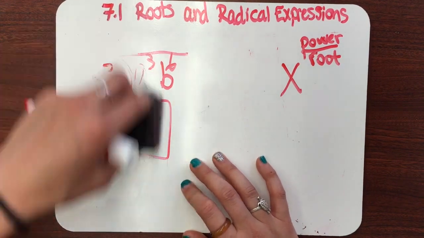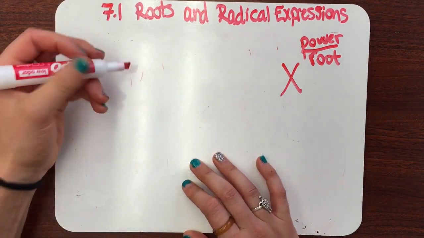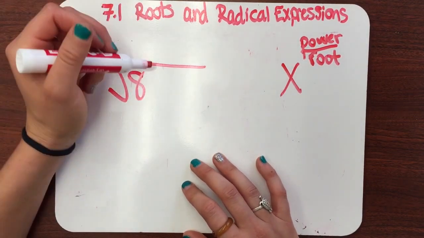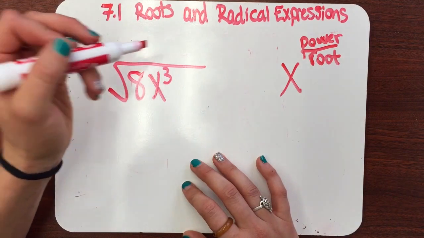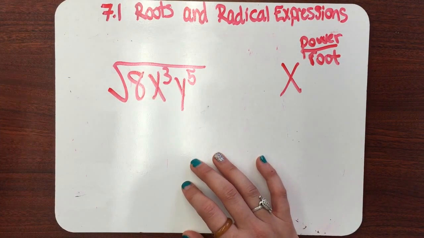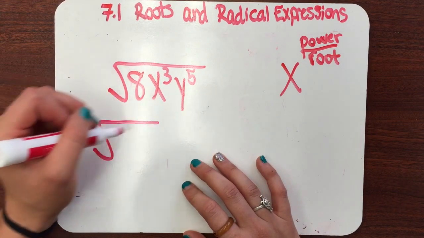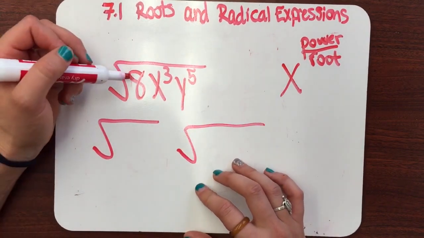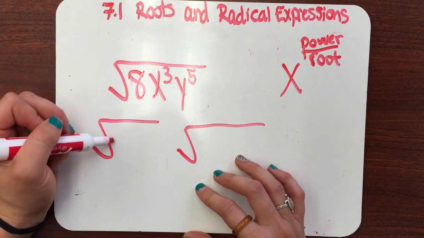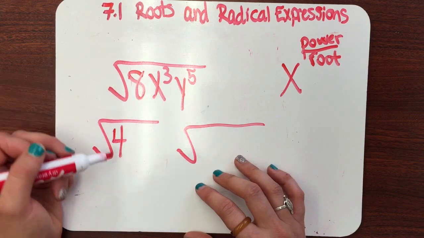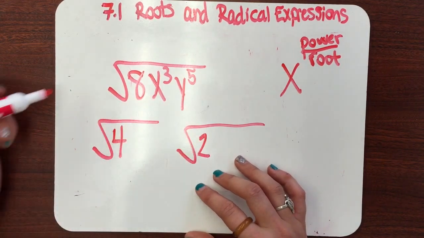And then finally, if we have something where it needs to be broken up. For example, if I have the square root of 8x cubed y to the 5th, then I know that I need to break it up. I'm going to break it up with my perfect squares and everything left over. The perfect square that goes into 8 is a 4. And we say 4 times what number will give me 8? That's a 2.